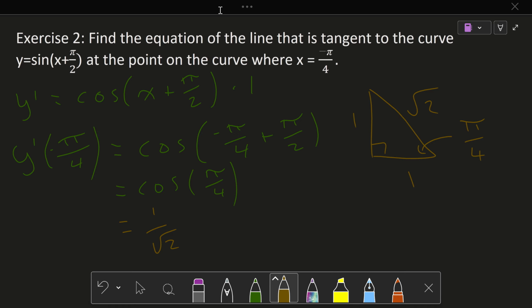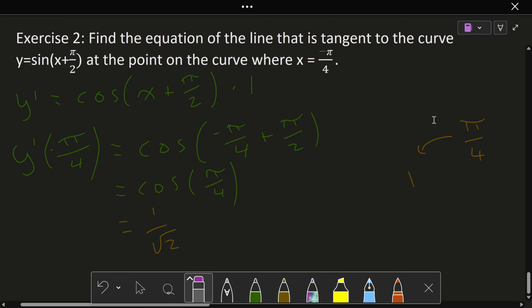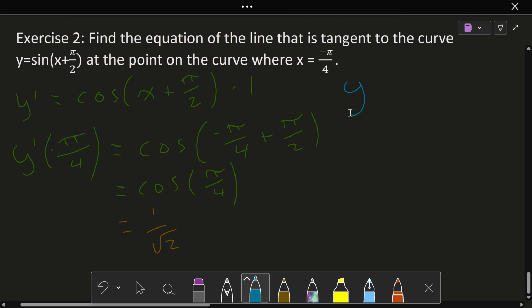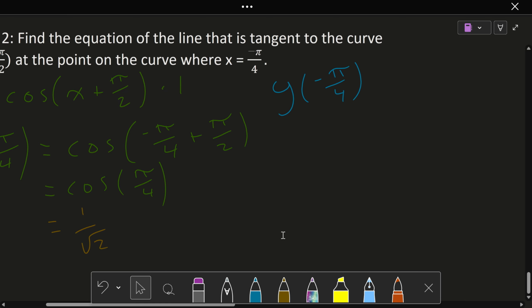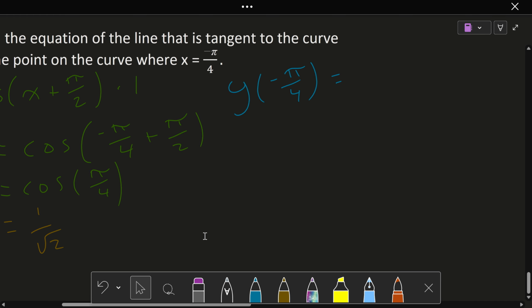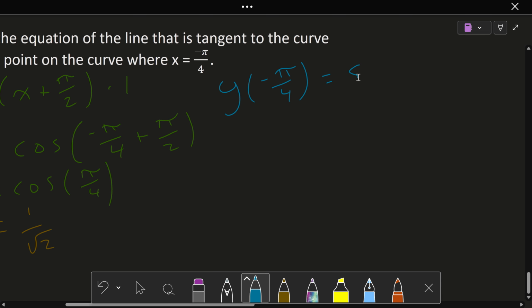So I'm just going to erase that special triangle because I want to use that space. But now what I need to do, and I'll choose a different color for this, is I need to find y at negative pi over 4, because I need my y value to find the equation of my line. So my y is sine of pi over 4, because that's what my x was.